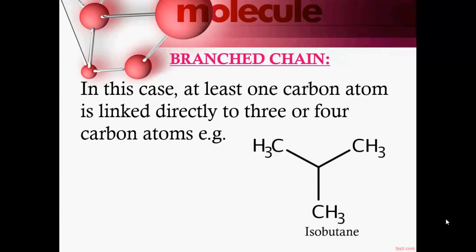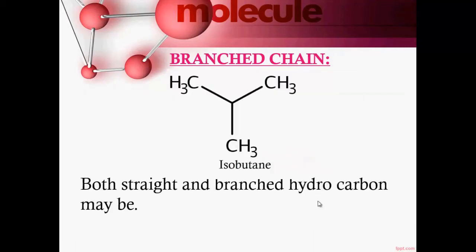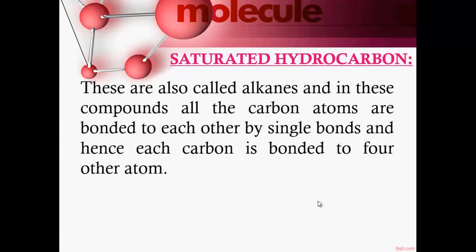Now branched chain: in this case, at least one carbon atom is linked directly to 3 or 4 carbon atoms. For example, this one. This is the chain, and here it is a methyl group, that is a branch. Both straight and branched hydrocarbons may be saturated hydrocarbons or unsaturated hydrocarbons.